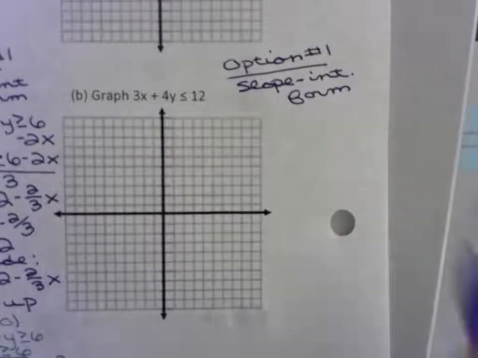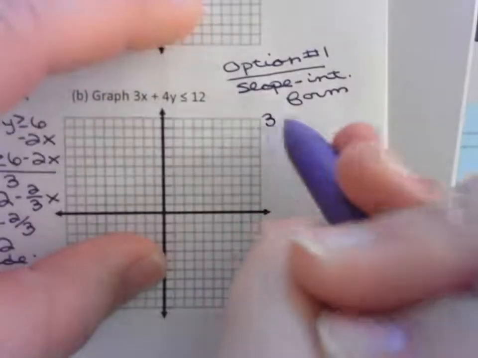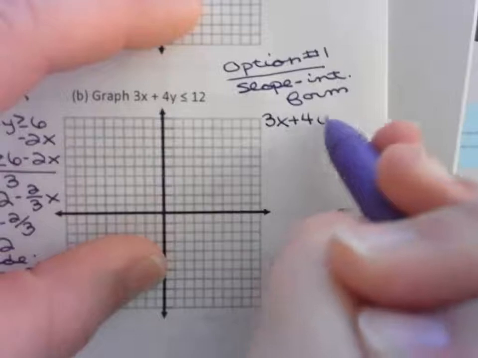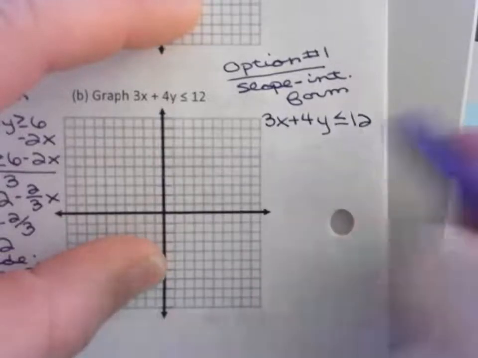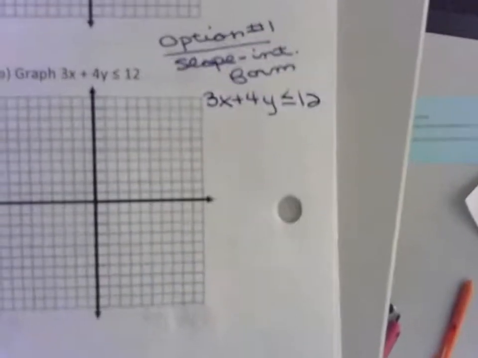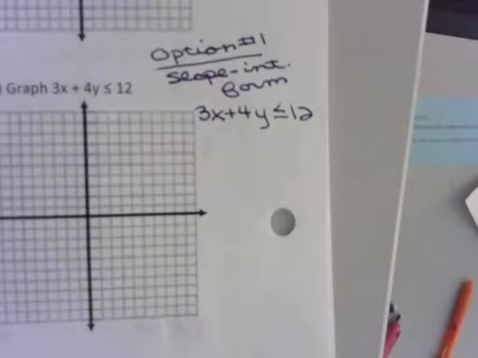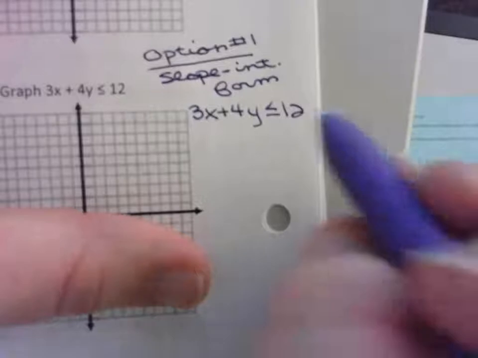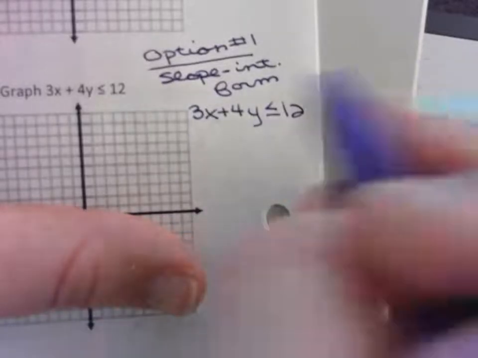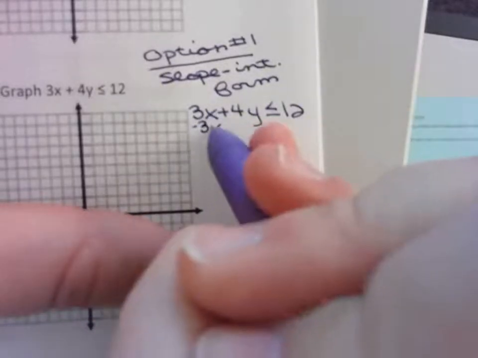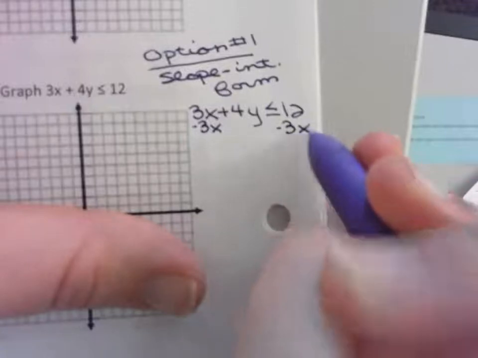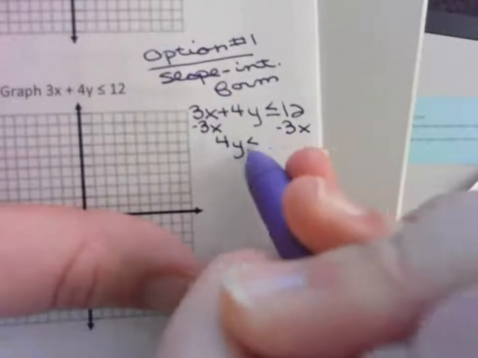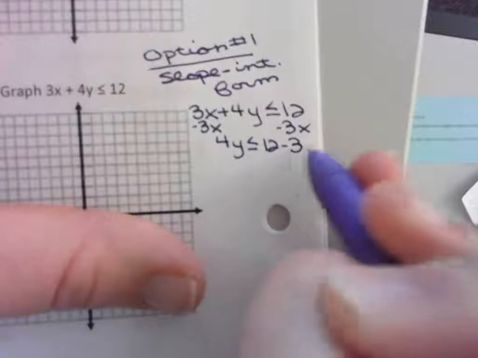Thank you. Okay, so I have 3x plus 4y is less than or equal to 12. If I want to use slope-intercept form, I need to get y alone. So I do what first? Subtract 3x. So 4y is less than or equal to 12 minus 3x.